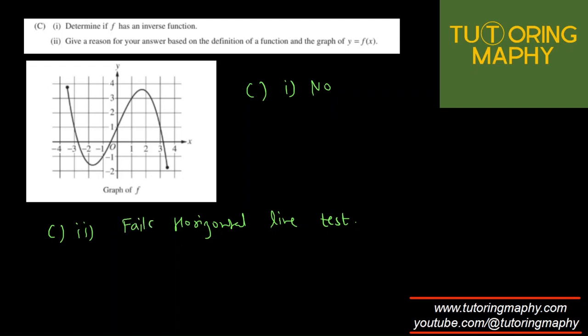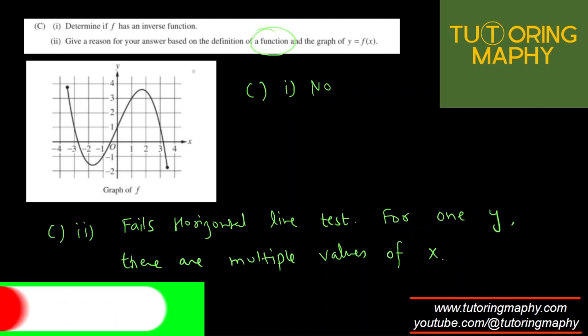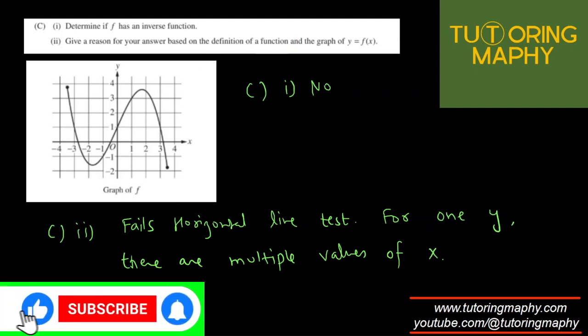In other words, for one y there are multiple values of x, which does not make the function one-to-one.